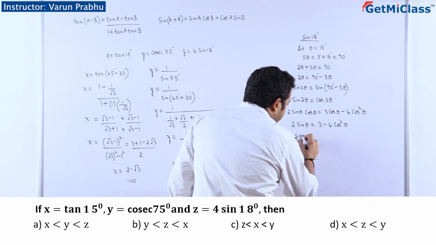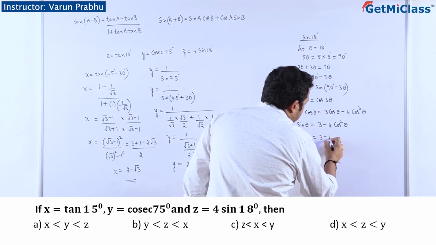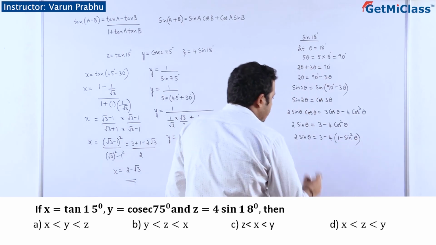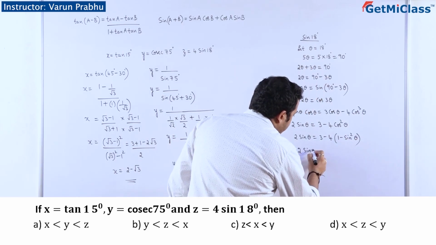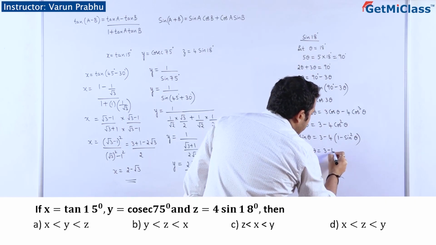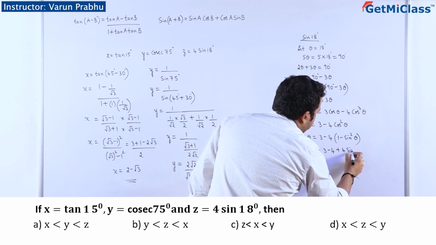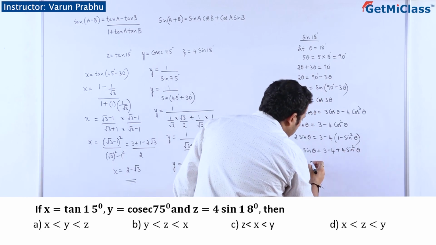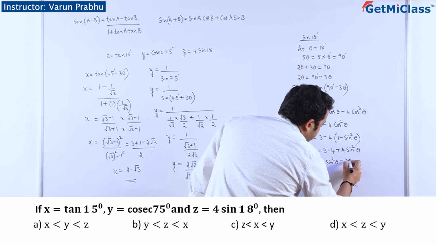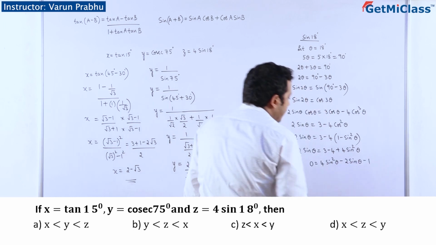So 2 sine theta is equal to 3 minus 4 into 1 minus sine squared theta. Cos squared theta is 1 minus sine squared theta. I'm trying to tell you the derivation for everything now, how to do sine 18. So this is nothing but 3 minus 4 plus 4 sine squared theta. So what is your answer that we get now? 0 is equal to 4 sine squared theta minus 2 sine theta minus 1.